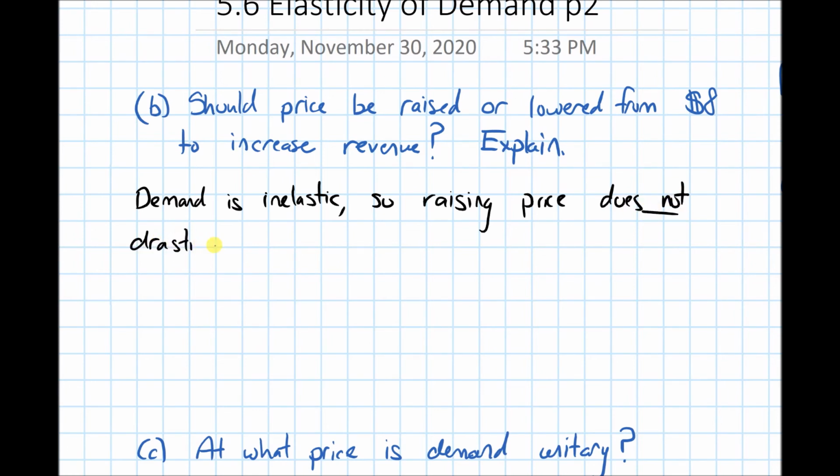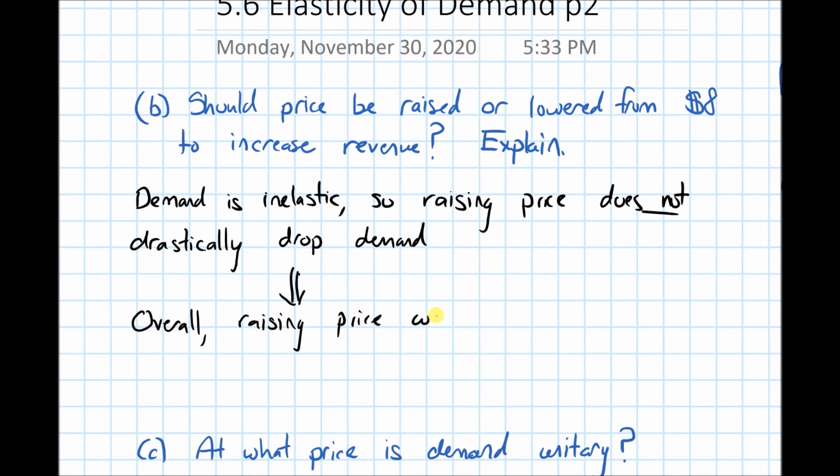Because of that, if we were to raise the price, the percentage increase in price would outweigh the percentage drop in the demand. So overall, raising the price will increase the revenue. So we should raise the price.